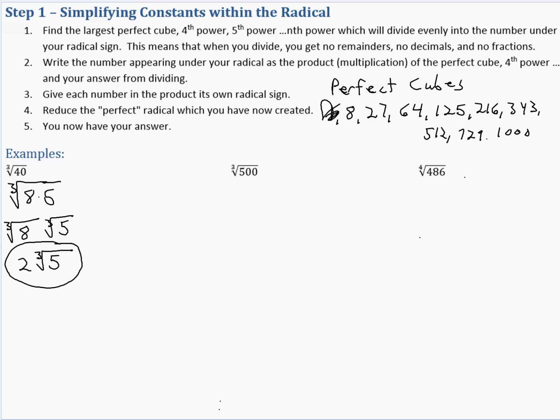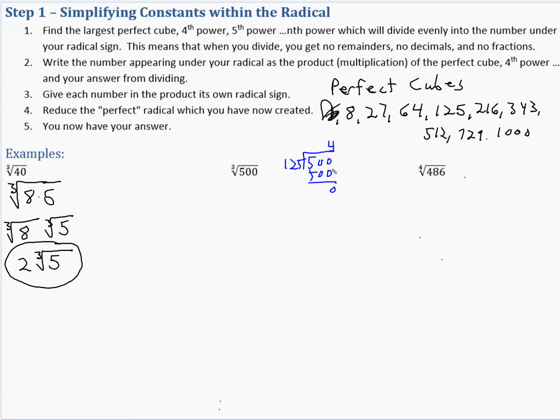Let's move on to the cubed root of 500. 8, 27, I believe 125 goes into there, so let's divide that. We can look at 500 divided by 125, and that's 4, with a remainder of 0.